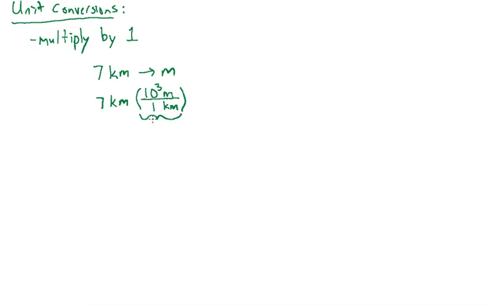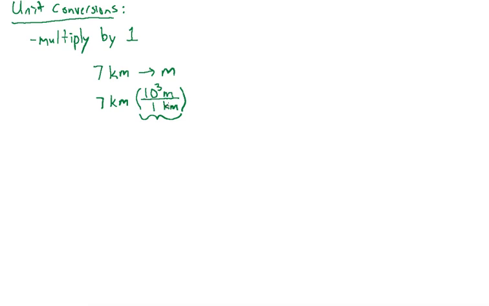Because what do you get when you divide something by itself? If you divide 8 by 8, you get 1. If you divide 16 by 16, you get 1. If you divide 942 by 942, you get 1. And when I look here, I have 10 to the third meters in the numerator, and I have 1 kilometer in the denominator, and I know that 10 to the third meters is equal to 1 kilometer.